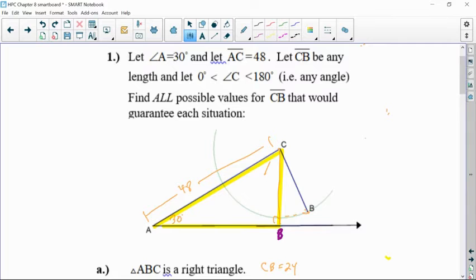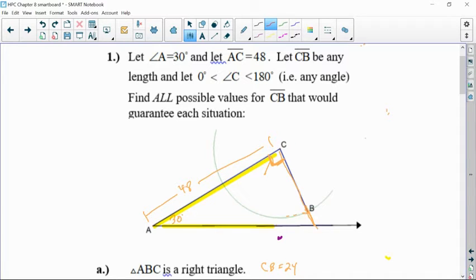Now, one that might not be as obvious or may not come to mind as quickly is if you let your right angle not be angle B, but let it be angle C. Why can't this angle up here, and in hindsight, it almost looks like a right angle, be our right angle? And what if CB went this way?